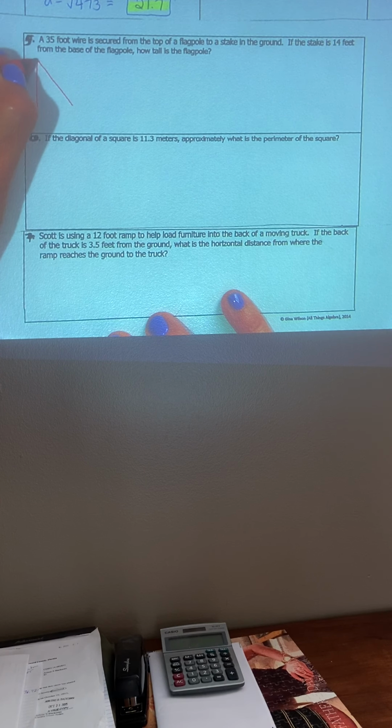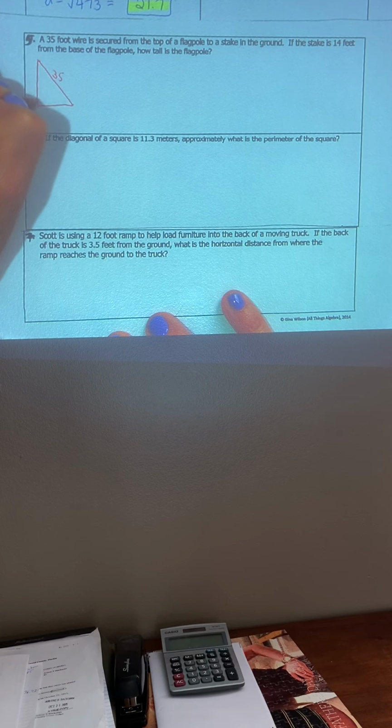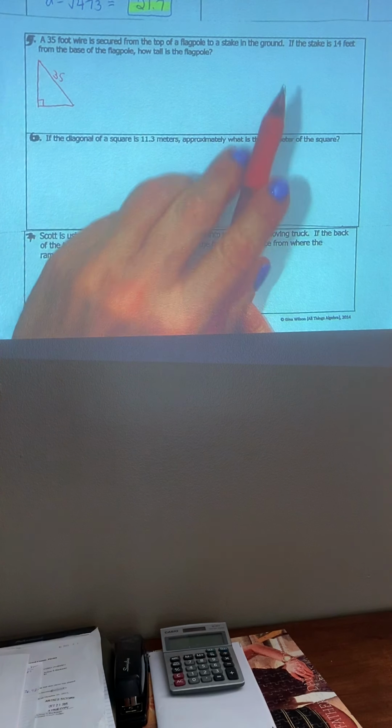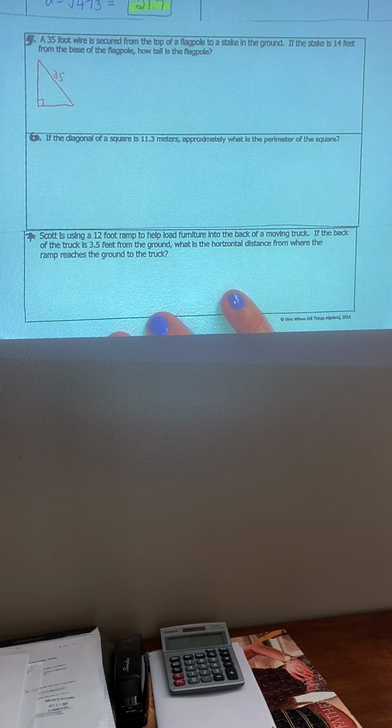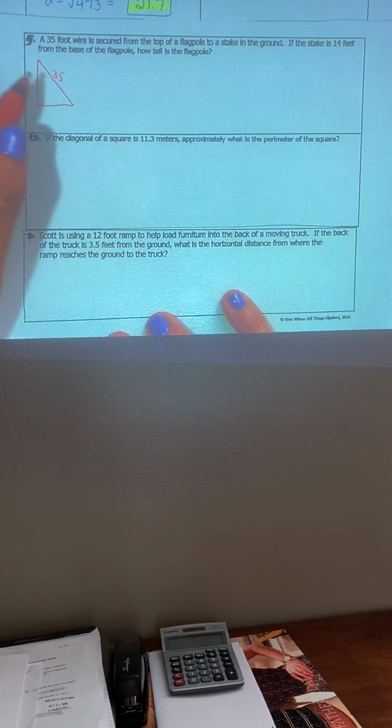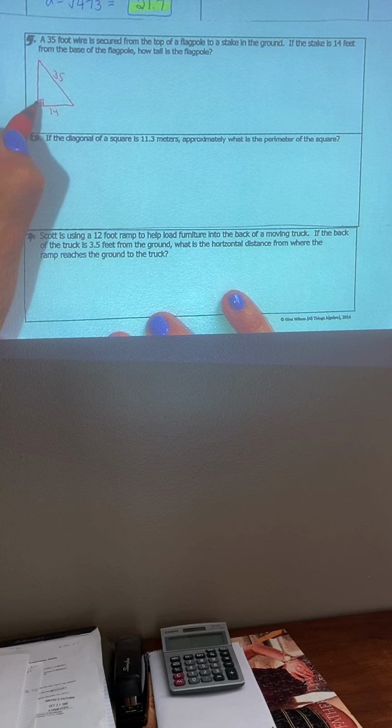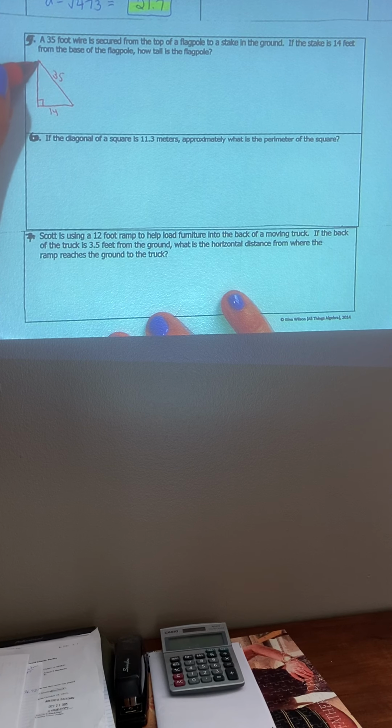It's secured from the top of the flagpole to a stake in the ground. So here's your 35-foot. The stake is 14 feet from the base of the flagpole. Here's your flagpole right here. How tall is your flagpole?